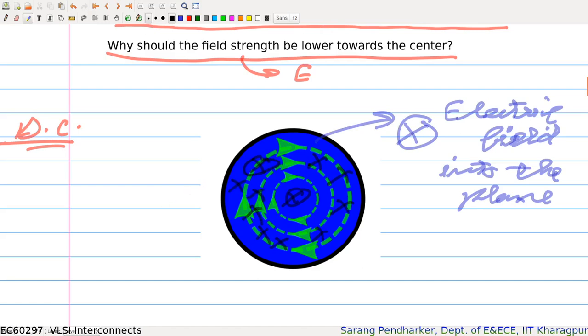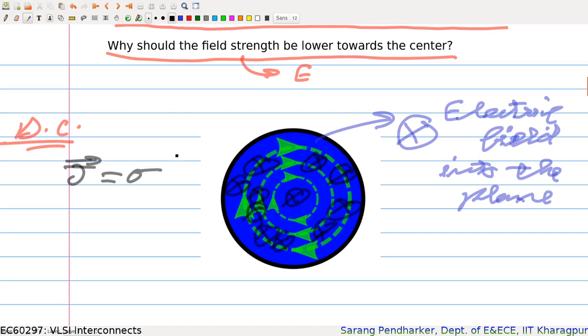This is my current J, and J would also be going into the plane. So this would be J is equal to sigma E, right?